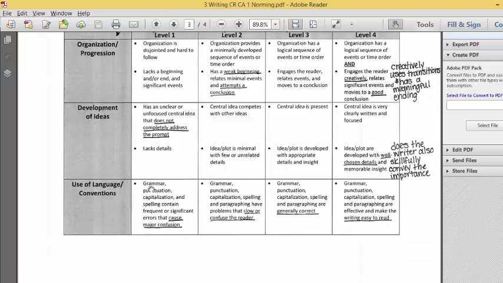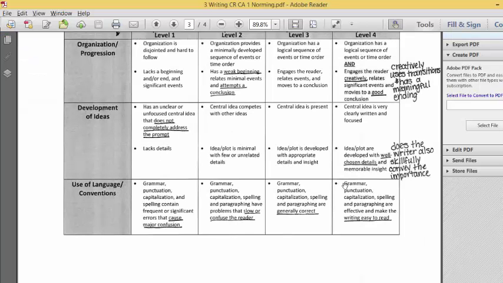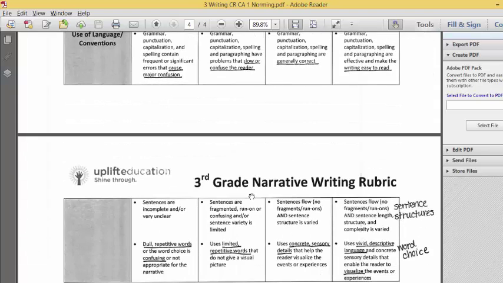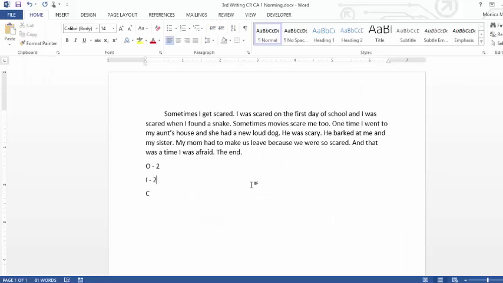And then lastly, as I'm reading over use of conventions, this one is a little bit tricky because I used Microsoft Word to type this, so all of the typos that may be there whenever a scholar is writing aren't there. But I do think that overall the grammar, punctuation, spelling, and paragraphing are generally correct. It's not confusing or slowing anyone down. But when I get down to the sentences, there are a couple of fragment sentences, like "and that was a time I was afraid."